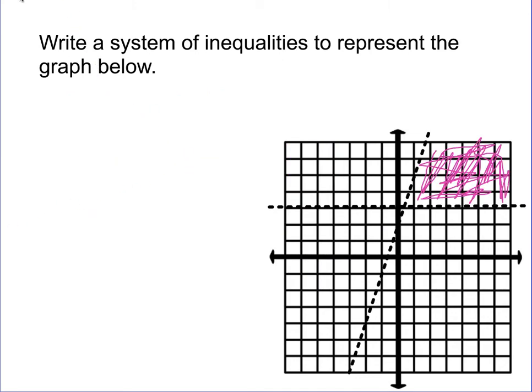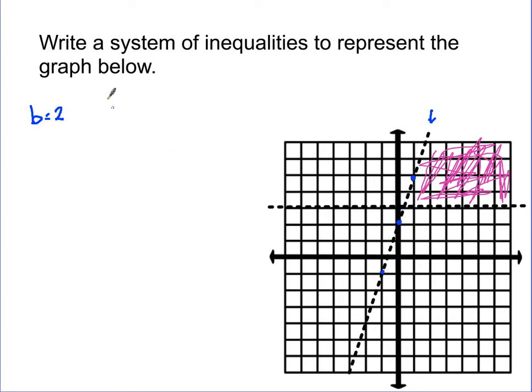All right, 2 more, and then we're out. So here's the first one. My y-intercept is 2, right there. And the slope is up 1, 2, 3, right 1. Or down 1, 2, 3, left 1.